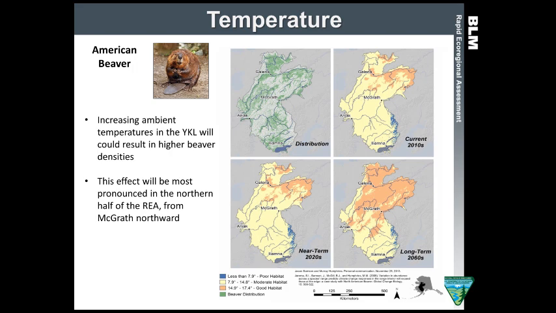You can see that over time, especially by the 2060s, increasing temperatures above 14.9 degrees extend throughout much of the northern part of the REA. So we anticipate seeing higher beaver densities in the northern part of the REA, especially from a graph northward.